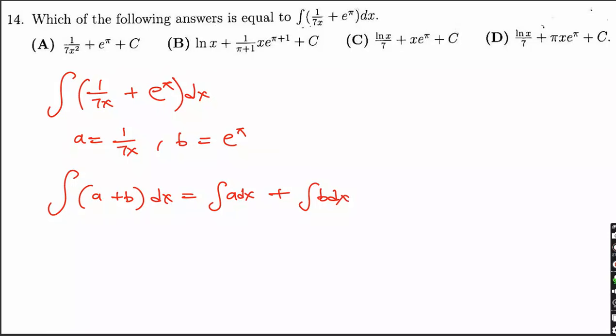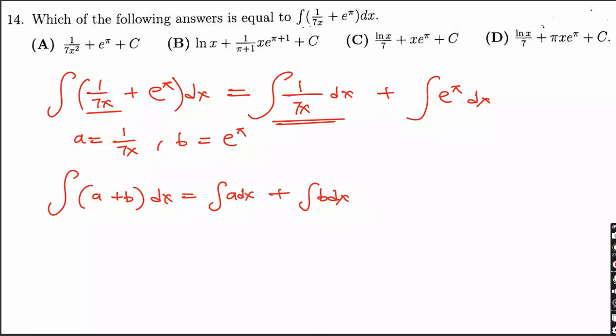So this is now going to be written as the integral of 1 over 7x dx, plus also the integral of e to the power pi dx. So I'm going to start with this one.